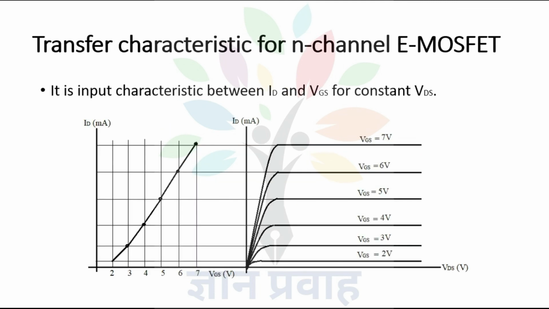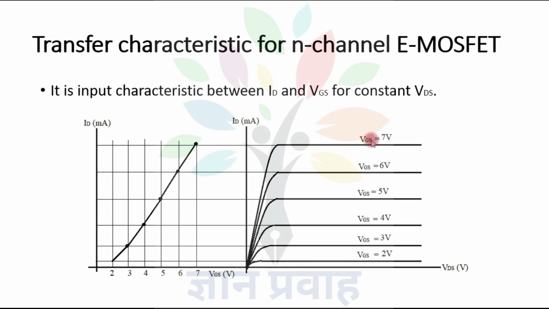Transfer characteristic for N-channel E MOSFET. The transfer characteristic is obtained by using the output characteristic, and the output characteristic of the MOSFET is here for different values of VGS voltage. The input or transfer characteristic is the curve between ID and VGS for constant VDS, with ID on the vertical axis and VGS on the horizontal axis.